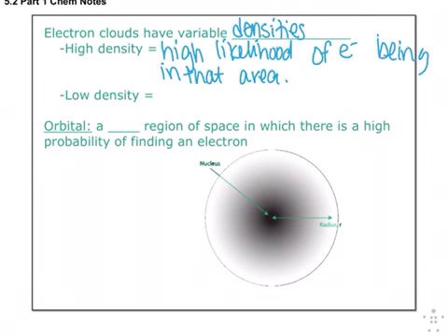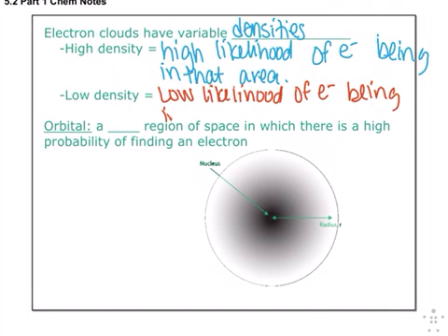So then, if it's a low density electron cloud, what would you think the probability of finding electrons there are? The low. So if it's low density, you have a low likelihood of electrons being in that area.